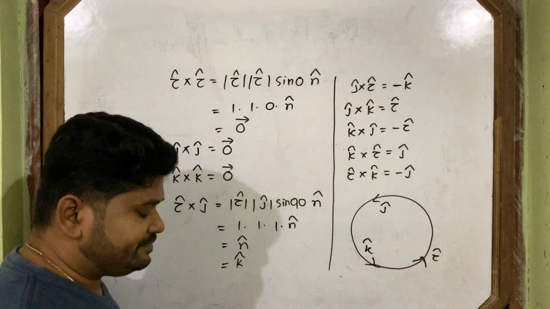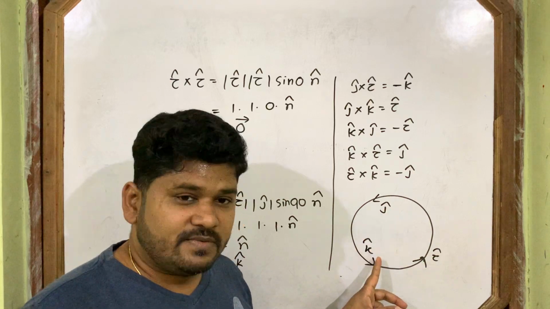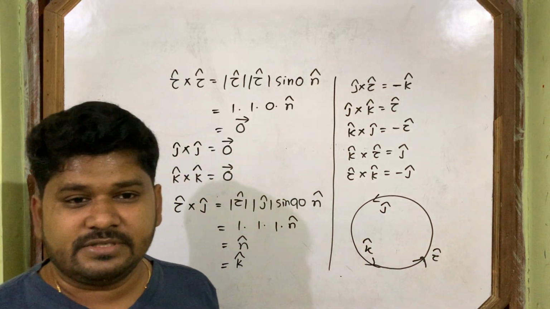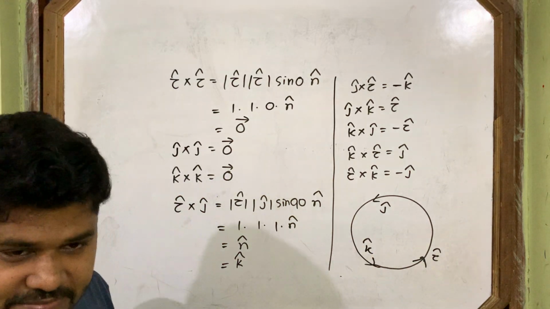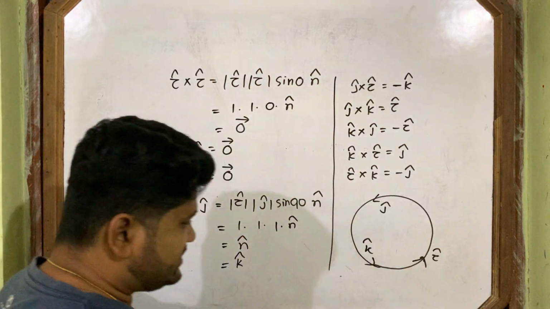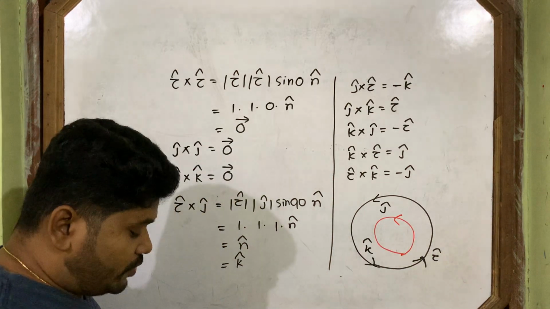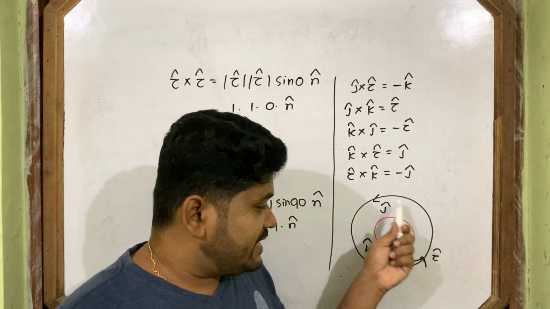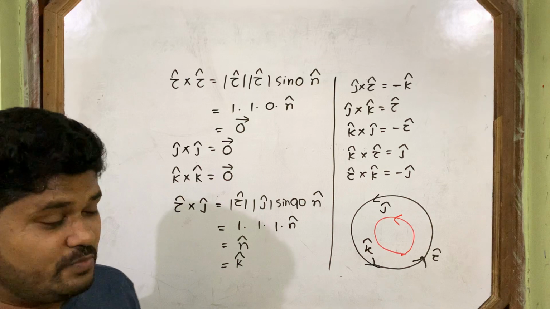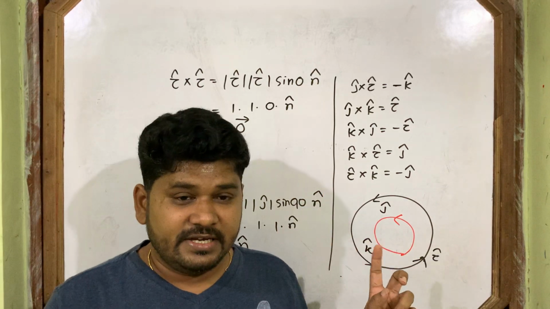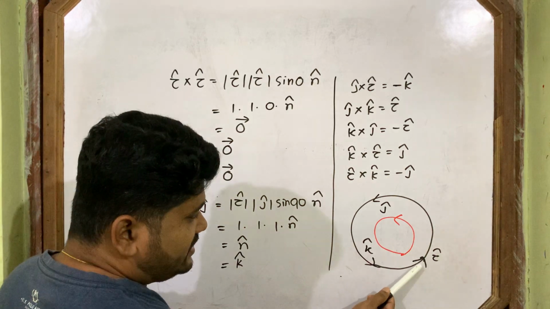After I, j comes, after j, k comes, after k, I comes. So the anti-clockwise direction is the proper direction in physics. Whenever you move in the anti-clockwise direction, you will get the answer positive. But when you move in the clockwise direction, you will get the answer negative. You see, I cross j.